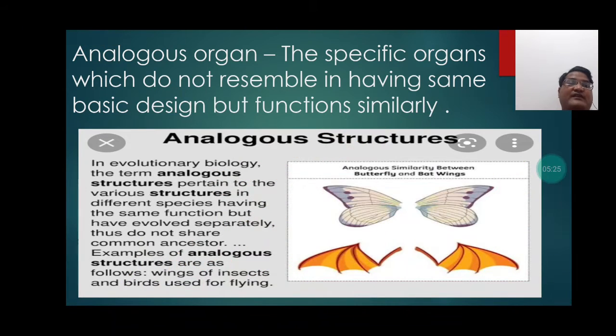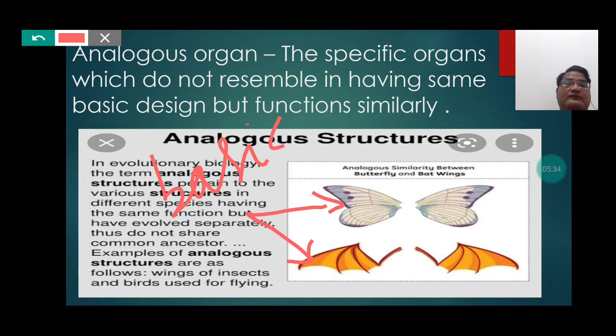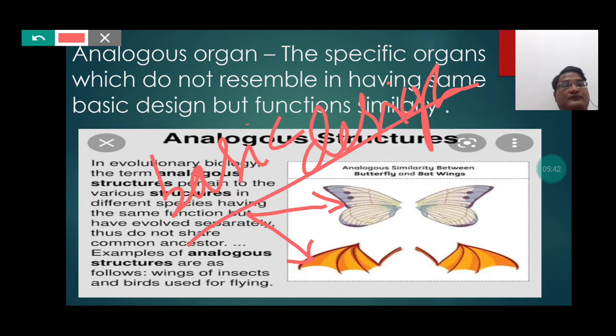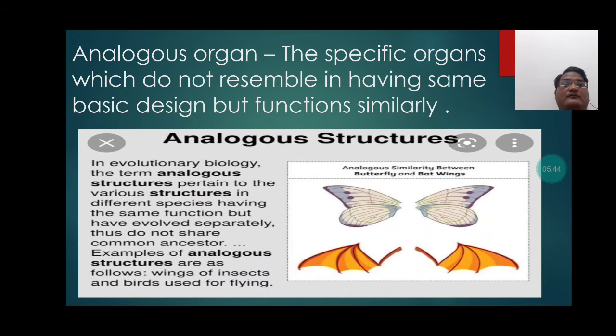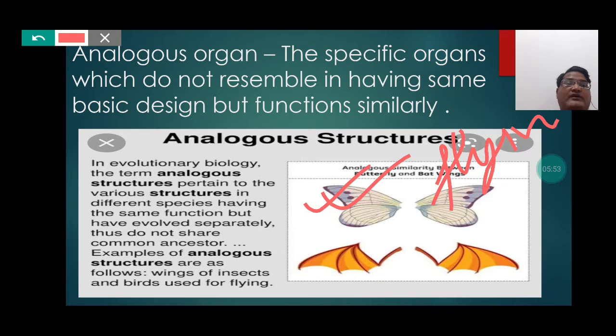So students, we can say that the basic design of the butterfly and the bat is quite different. But still the function is same, because butterfly also uses the wings for flying, and so does the bat.